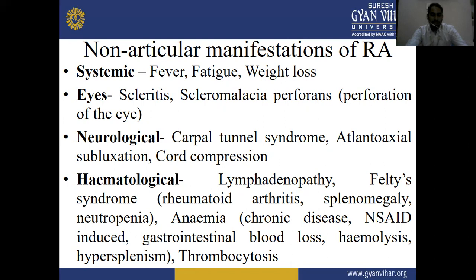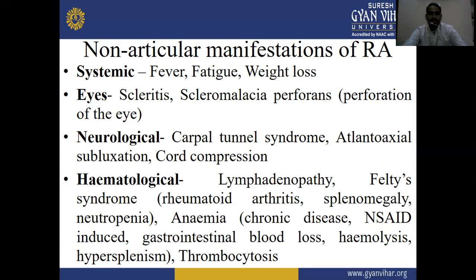Felty syndrome is usually described as a complication of rheumatoid arthritis, and the disorder is generally defined by the presence of three conditions. The first condition is rheumatoid arthritis, the second is an enlarged spleen, splenomegaly, and the last is low white blood cells, neutropenia.